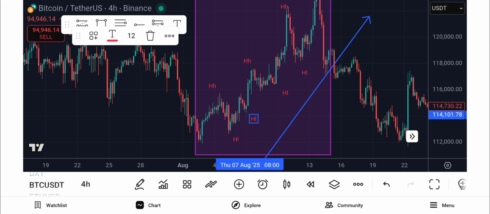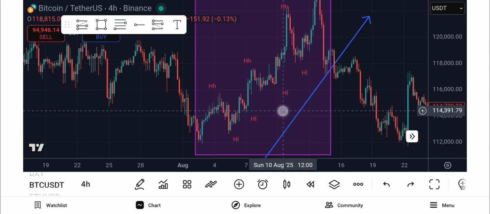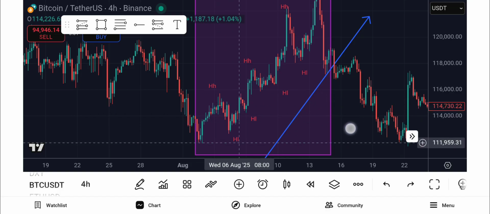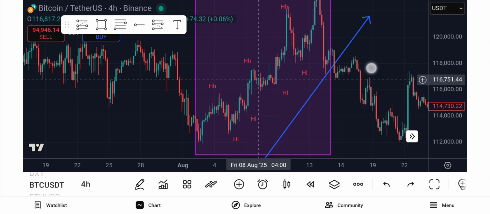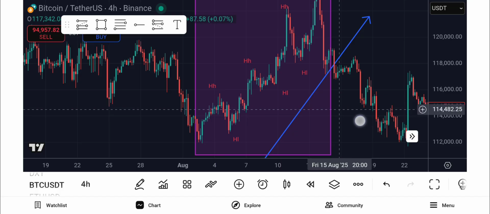So let me get rid of this one. So this higher low took out this high right here. Let me get rid of this.